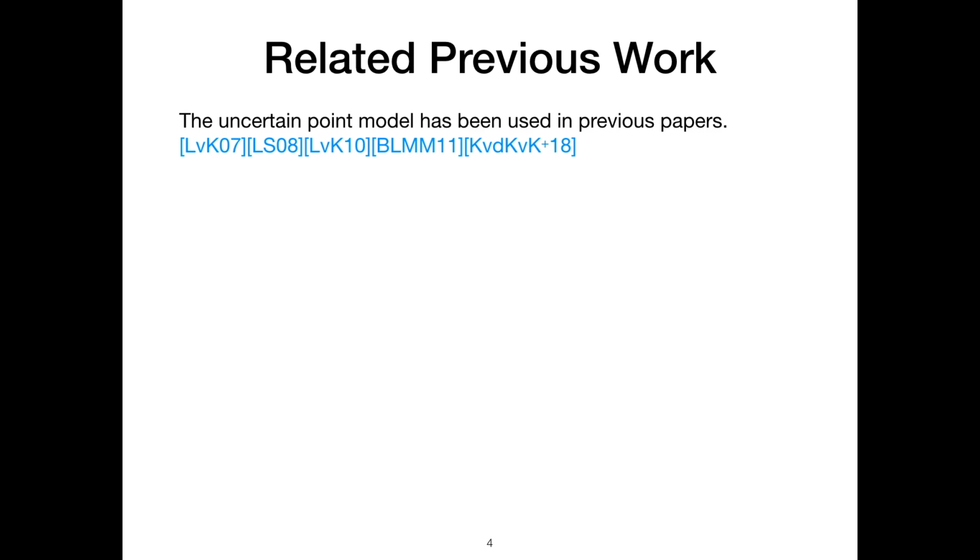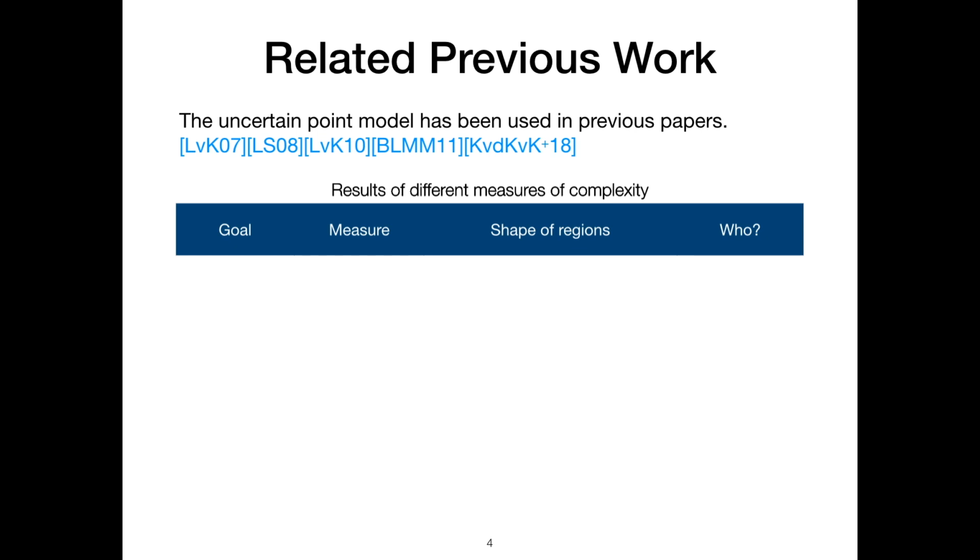Before answering this question, let me use one quick slide to talk about related previous work. There are different ways to model uncertain points. The way we model uncertain points has been used in several previous papers. And to answer the previous question, people have considered different complexity measures of the convex hull.